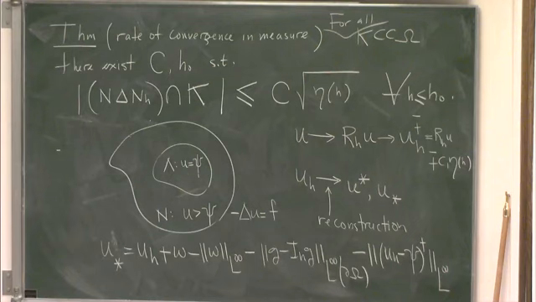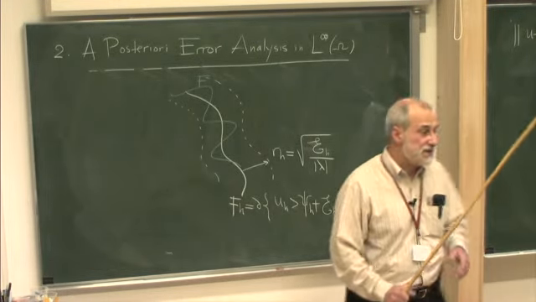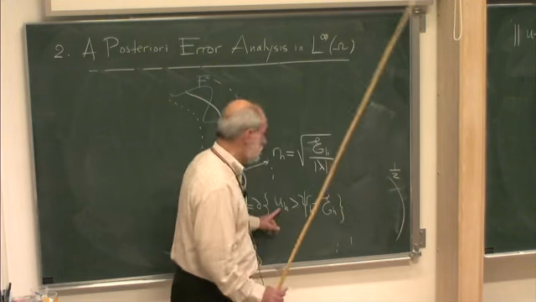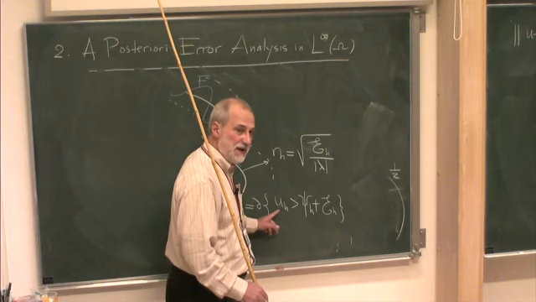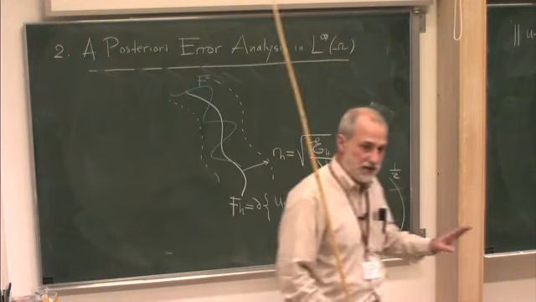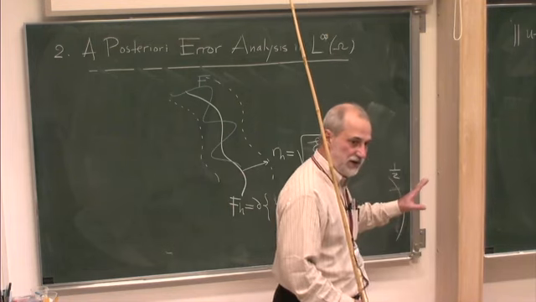Notice that I'm not saying this is bigger than psi. I'm adding a correction here, which is computable. This definition avoids the need for a non-degeneracy of UH, because the non-degeneracy of UH is based on the discrete maximum principle, and I'm saying that the discrete maximum principle is not necessary for this a posteriori theory.